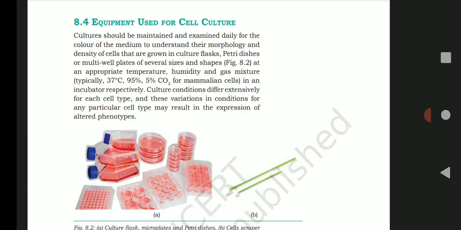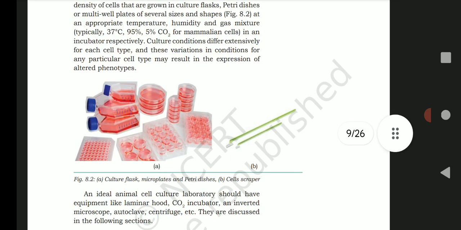The different culture vessels which are utilized for our purpose are Petri plates, culture flasks, and multi-well plates of several sizes which vary in diameter and shape, used for adherent culture. What is adherent culture? Further, we make use of cell scrapers to remove the cells which are adhered to the substratum, that is the culture vessel.